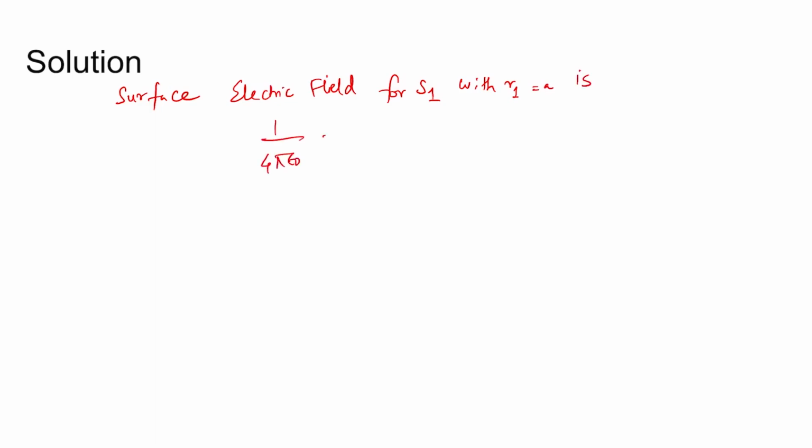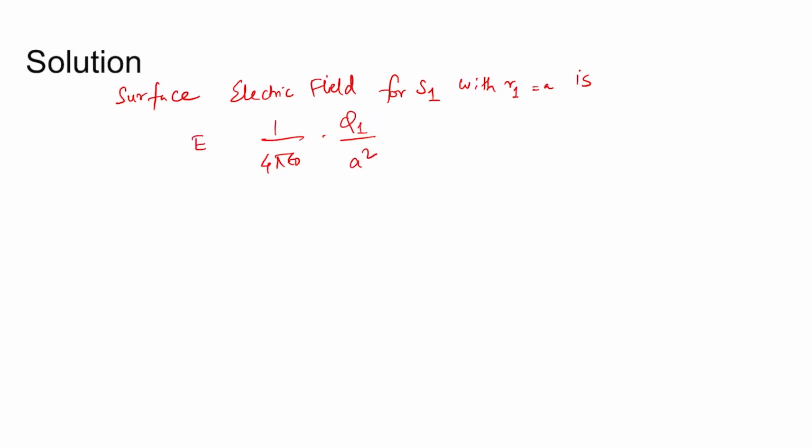Now the electric field. There is a surface electric field. The surface electric field for S1 with radius A is given by 1 by 4 pi epsilon naught times Q by R square, so Q1 divided by A square.